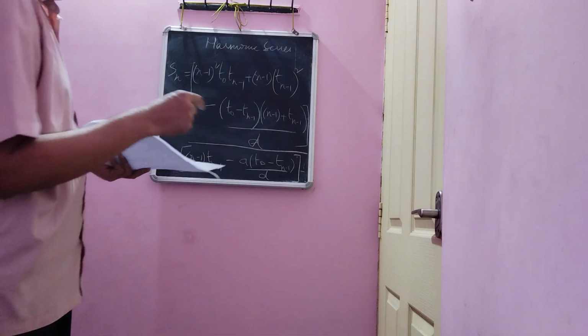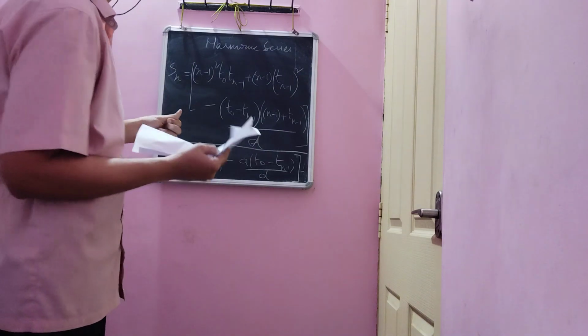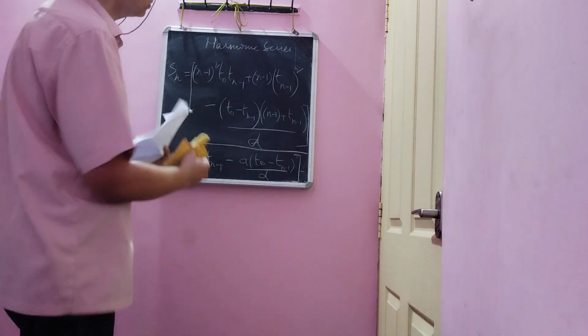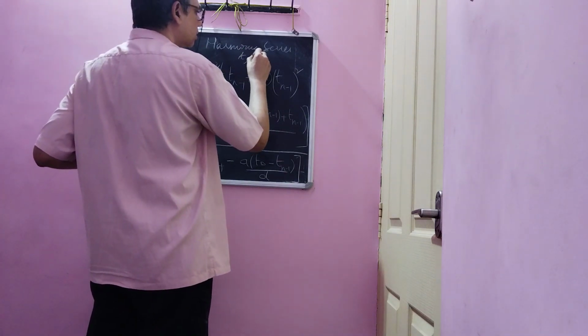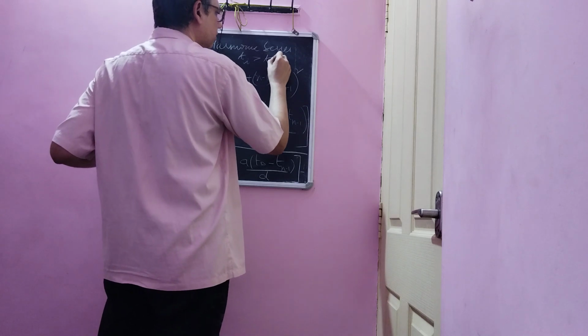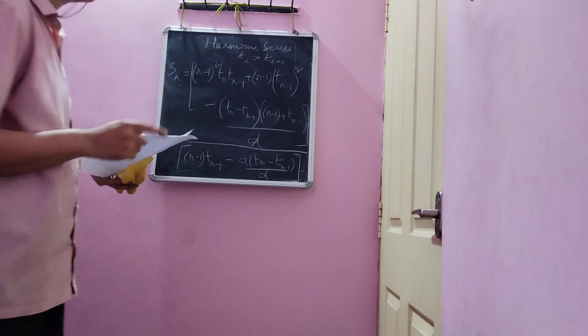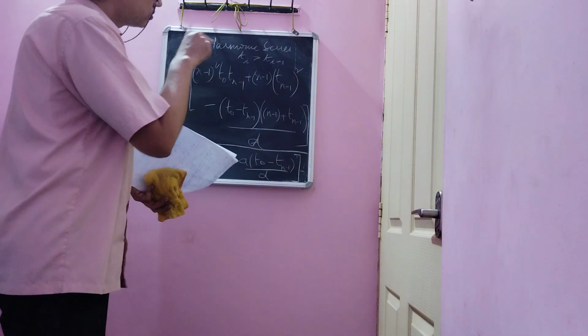Now this derivation is performed under the assumption that Ti is greater than Ti plus 1. That is, the series decreases when we take (T0 minus Ti) by (Ti minus Ti plus 1) as the ratio there.